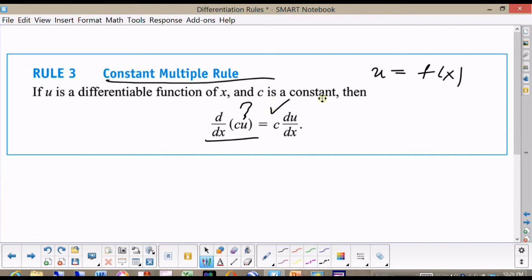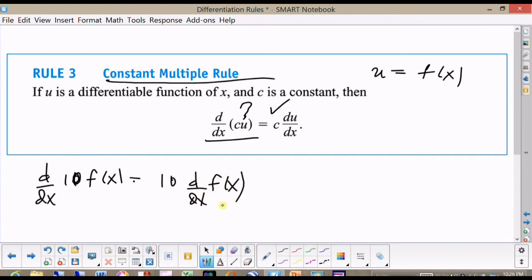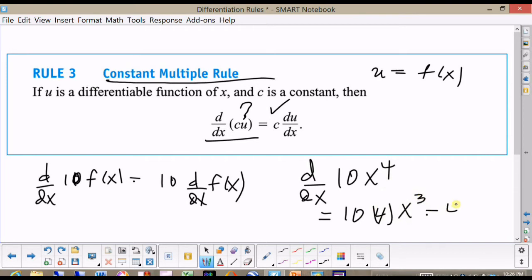So this simply says that d dx of like 10 f of x is equal to 10 d dx of f of x. And this means that if you want d dx of like 10x to the 4th, it's going to be 10 times 4 x to the 3rd power, equals 40 x cubed. And there are going to be all kinds of examples we'll be looking at.